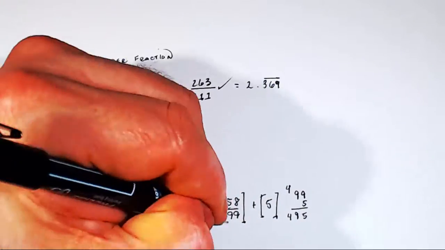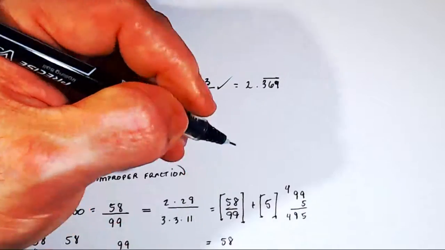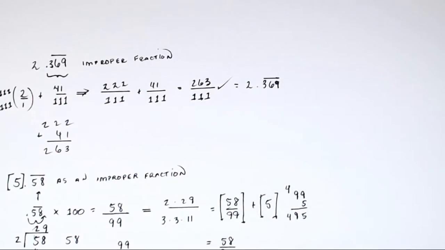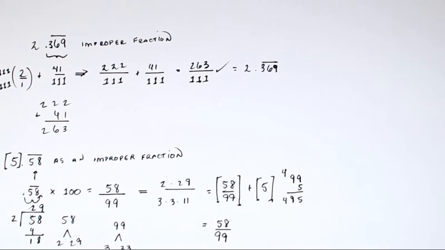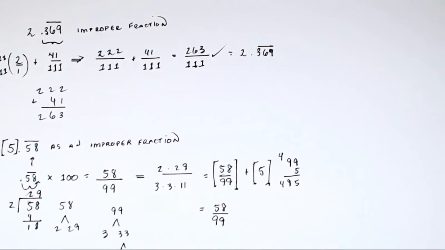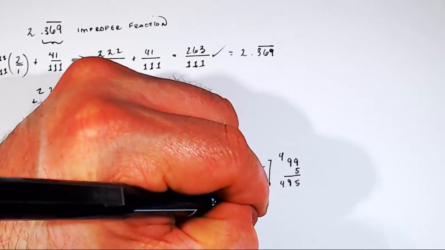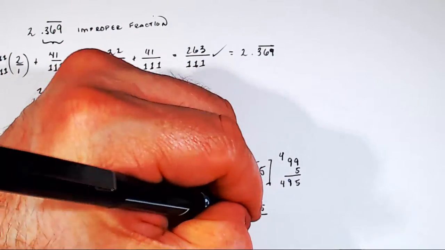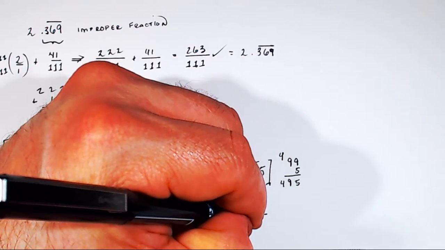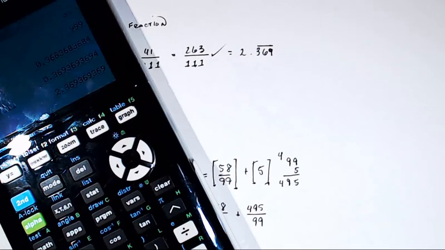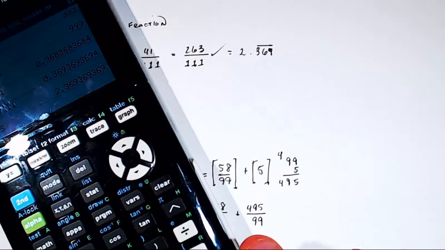Okay, so this is going to equal 58 over 99, and that was the repeating decimal part of our calculation, plus 495 over 99. I'll just double check that. 495 divided by 99.